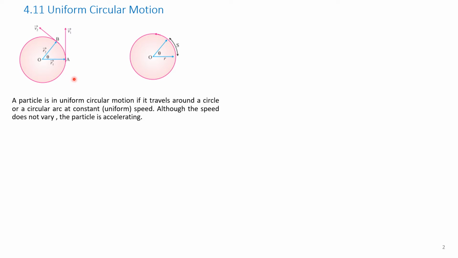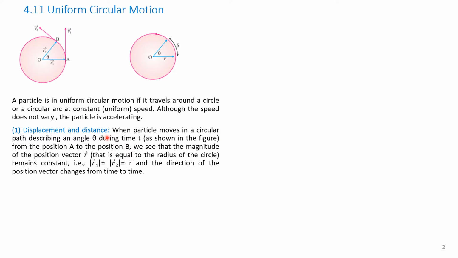Although the speed does not vary, if you observe here, the magnitude of the velocity or the speed remains constant, but the particle is accelerating due to change in direction of velocity. So velocity is varying in direction, as you can see from the difference between velocity at A and velocity at B.